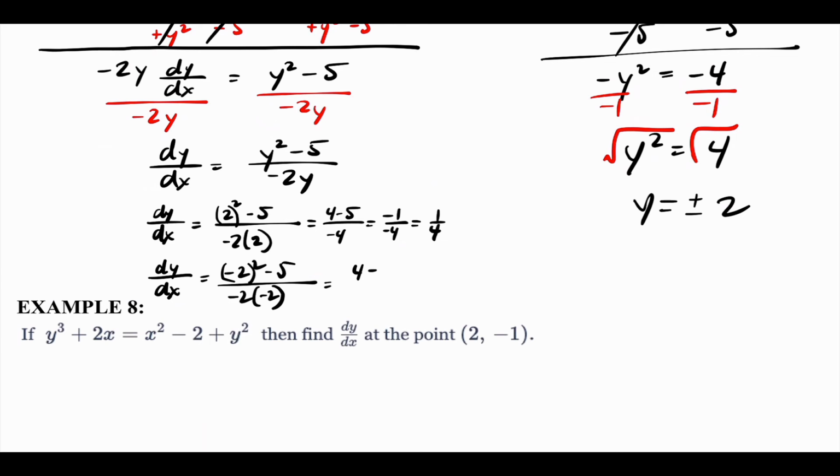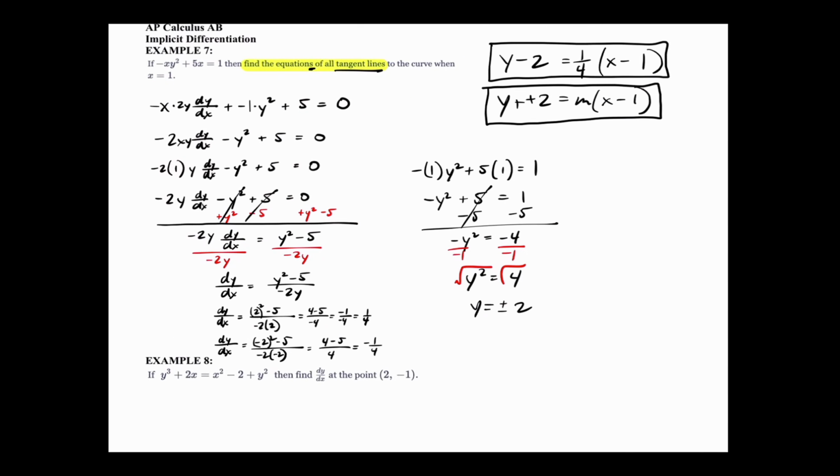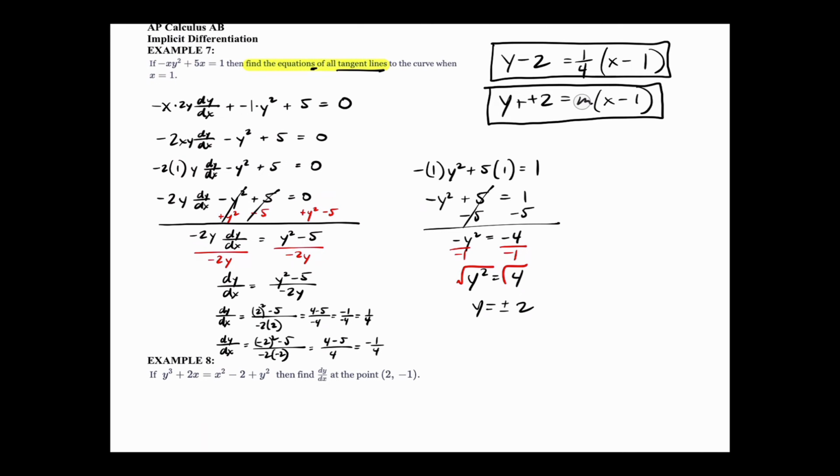So I get 4 minus 5 over positive 4, negative 1 over 4. Okay, so this guy would have 2 equations.